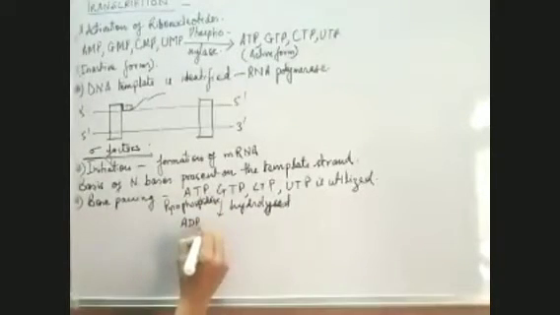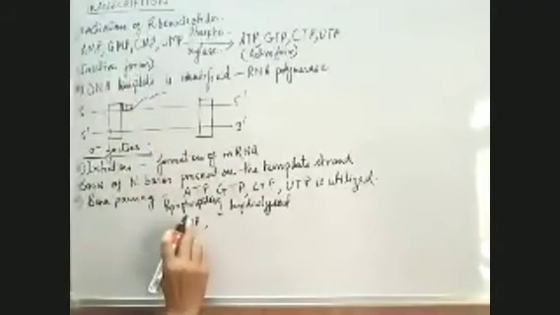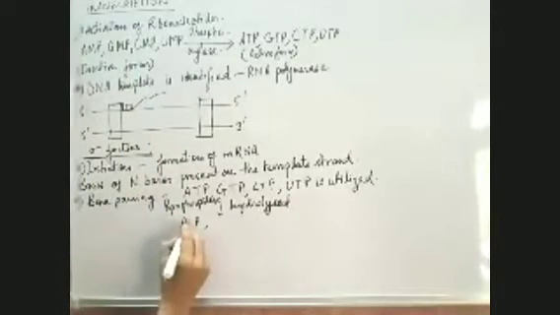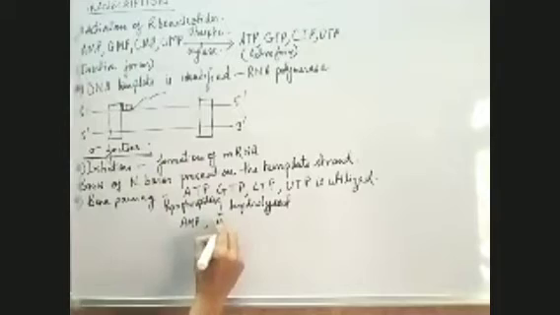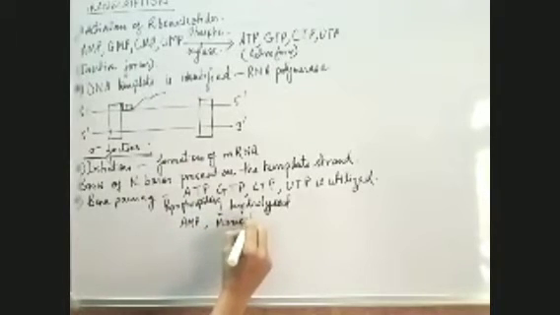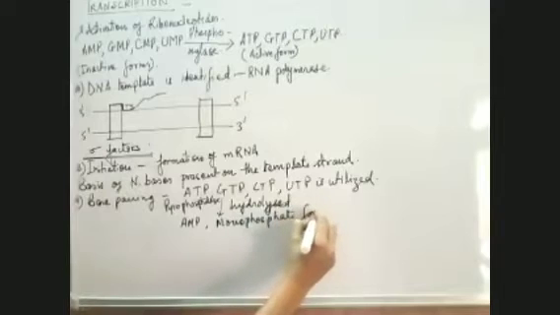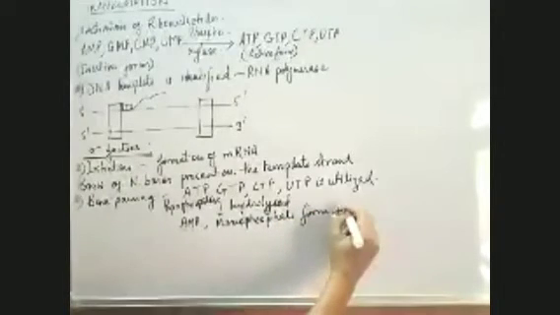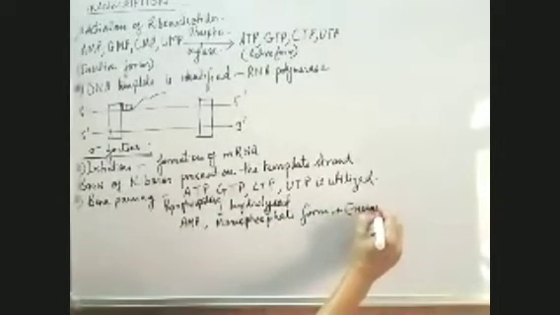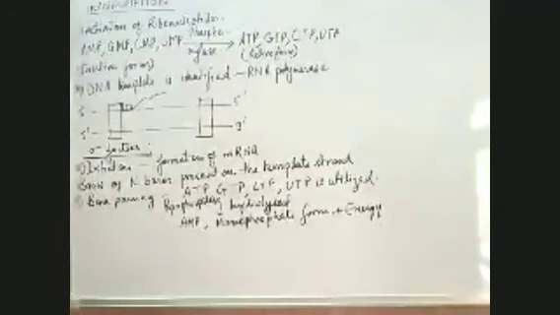They get converted into their monophosphate form, first diphosphate and then finally monophosphate forms, and energy is released. The enzyme which is used is pyrophosphatase.